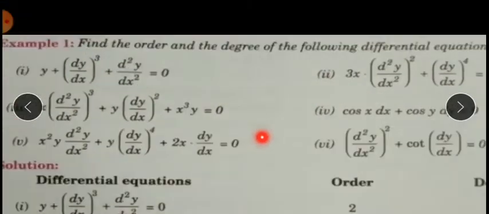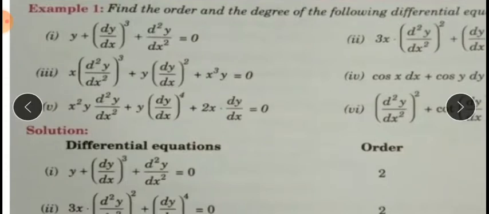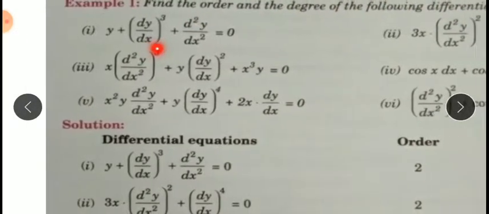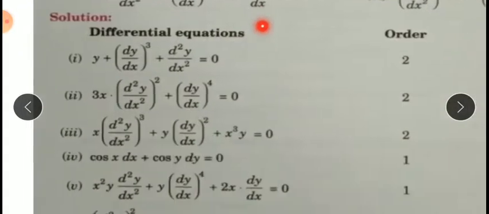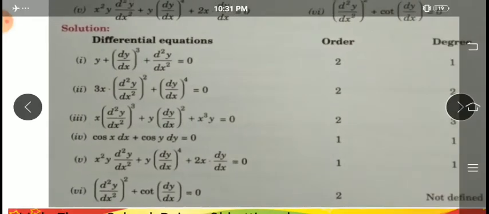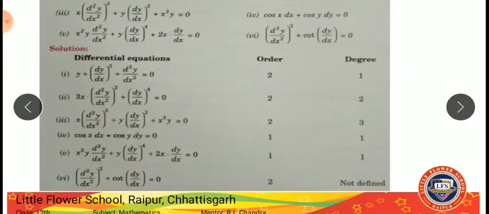Now see some more examples. Find the order and degree of the following differential equations. See, these are all differential equations. There are 6 differential equations, and we see here one by one what is its degree and order.